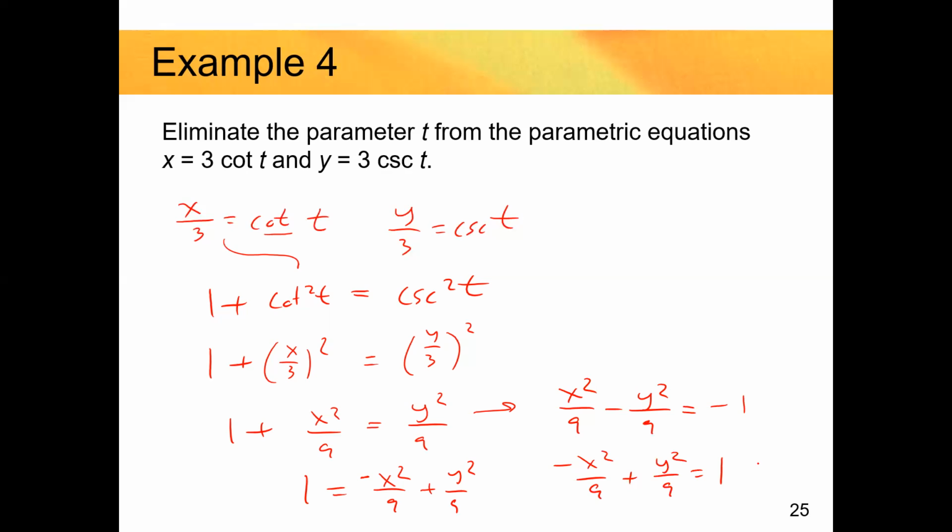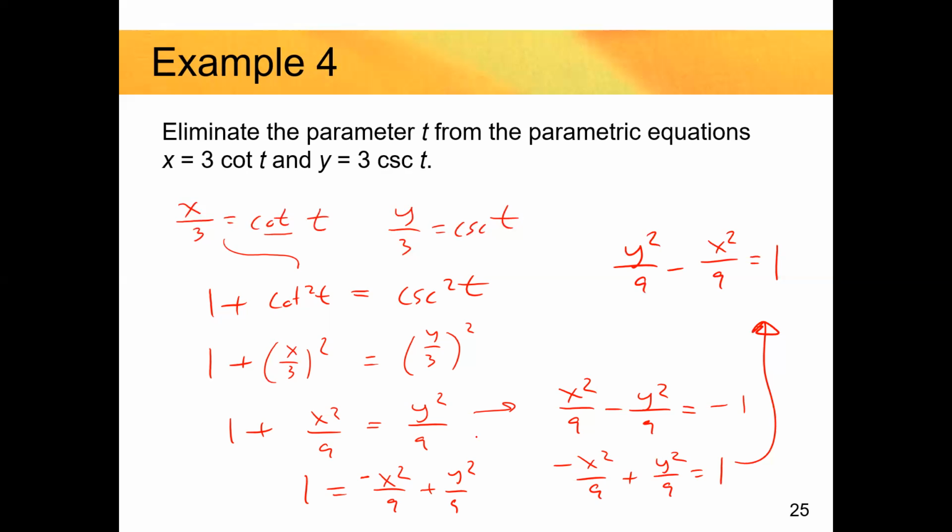Why couldn't you just do y squared minus x squared? Yep, you could. Eventually, the way we write it in Algebra 2 is we like the positive one in front and the negative one on the back end, and the one to be positive. The reason this is a hyperbola is because of the negative, which is the minus.